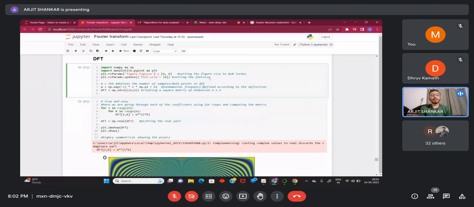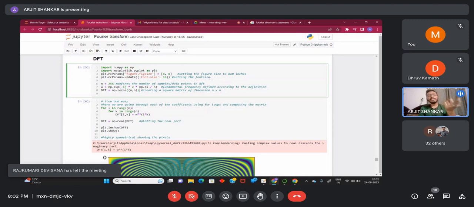Then again, omega is defined the same way. np.exp means e to the power of something, exponential. Minus 1j in Python simply means iota, square root of minus 1. Then e to the power of minus i 2 pi by n, the simple way that we defined earlier.